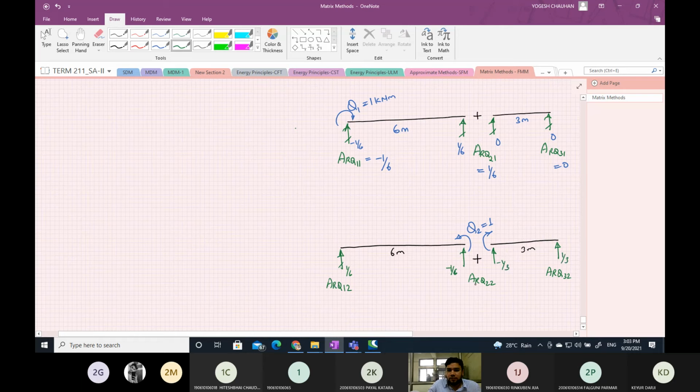This will be minus 1 by 3. So this value will be 1 by 6. This will be equal to 1 by 6 plus 1 by 6 plus minus 1 by 3. So that will be minus 3 by 6. That is minus 1 by 2. And this will be equal to 1 by 3.